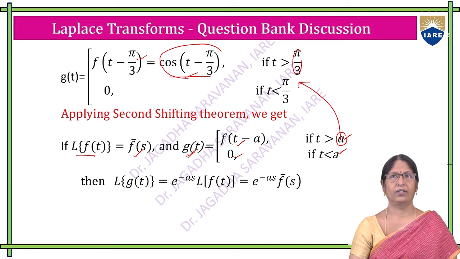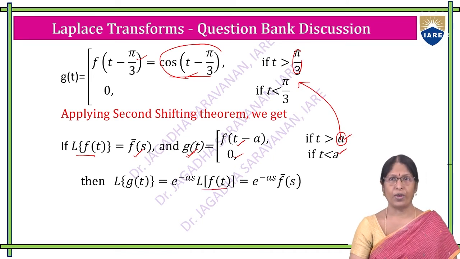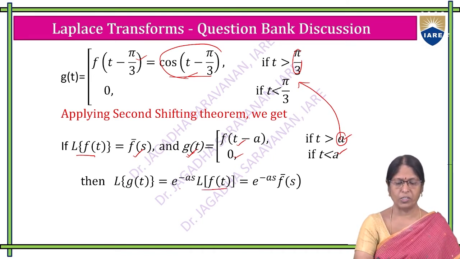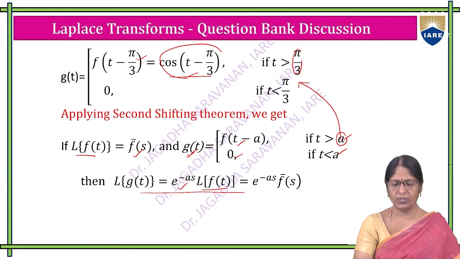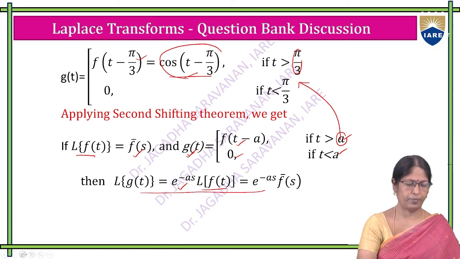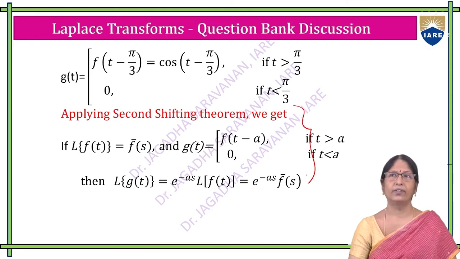After getting this f of t, that is cos t, L of f of t is multiplied by e power minus as. In general, which is given, this complete one is the defined formula for the second shifting theorem.